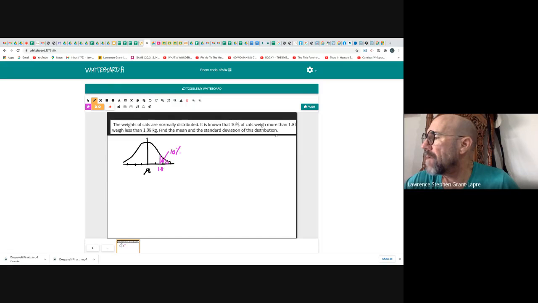And then it says 15% of cats weigh less than 1.35. 15% is a bit more than 10%, so that's 15%, this area, and less than 1.35, so that is 1.35, that line there.